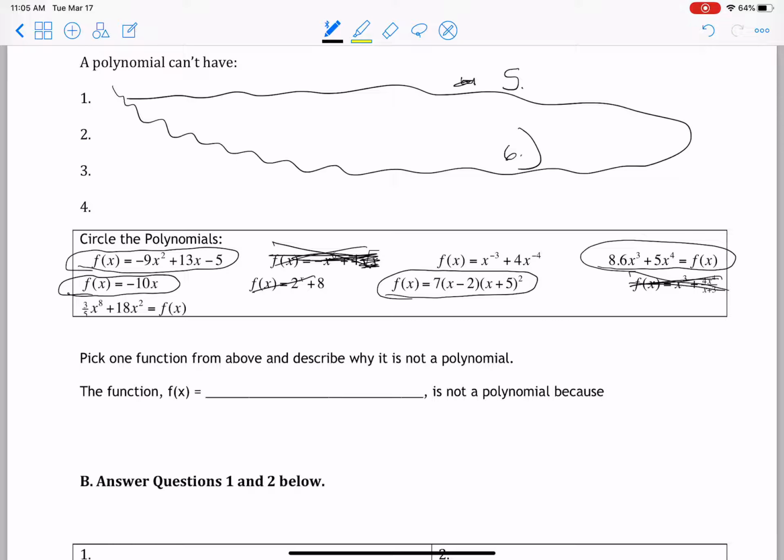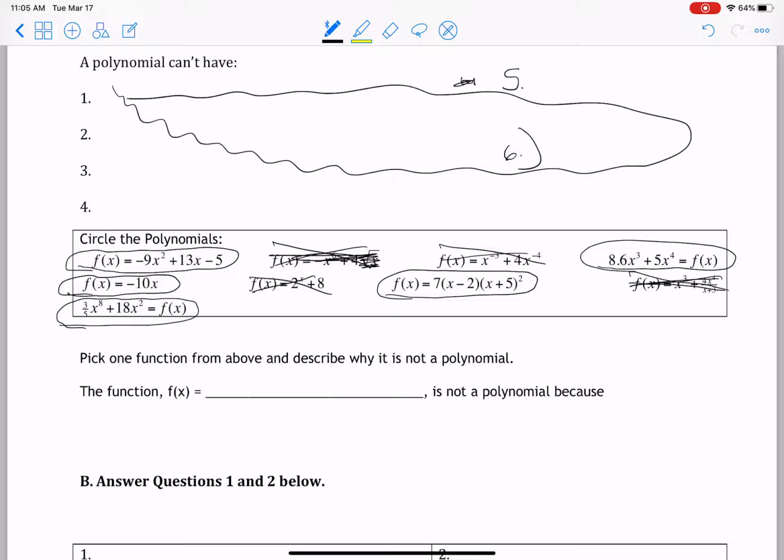So that knocks this bad boy right here out of the game. Polynomials also can't have negative exponents. That knocks this bad boy right here out of the game. And finally, polynomials can't have fractional exponents. None of these are fractional exponents. You know what? That makes this a polynomial as well.